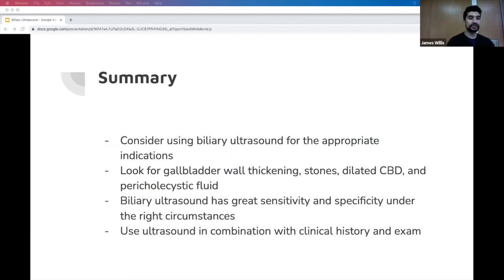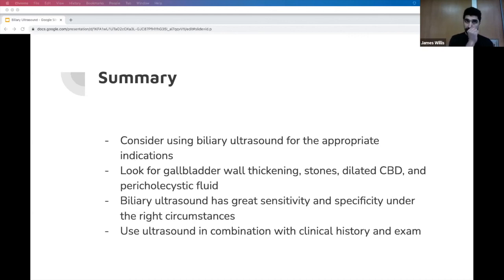So to summarize, make sure when you're doing the ultrasound that you do it with the appropriate indications. We went over the abnormal findings of ultrasound, so make sure you're incorporating all that into your test as well. And like the studies described, our bedside sono has pretty good sensitivity and specificity.